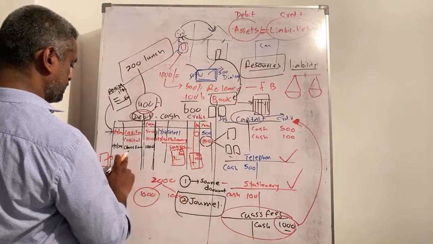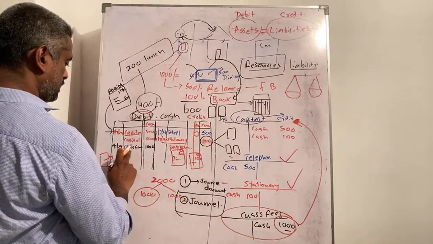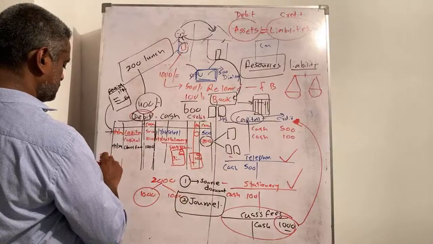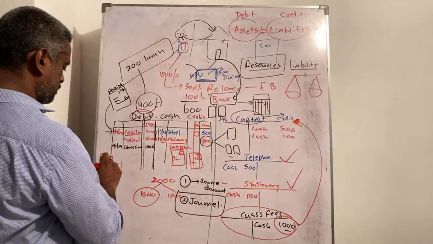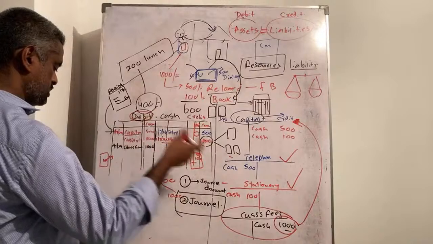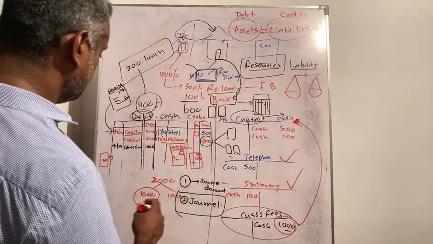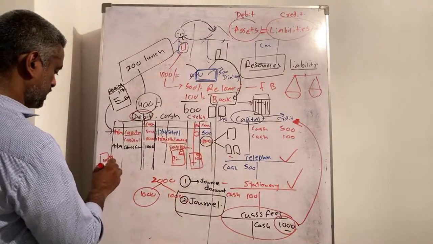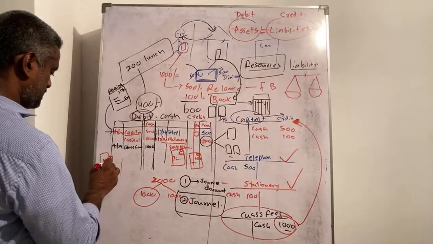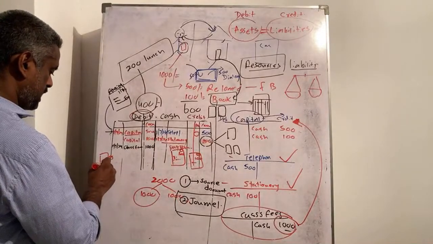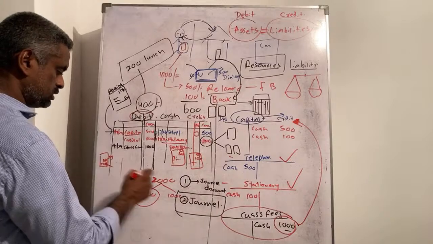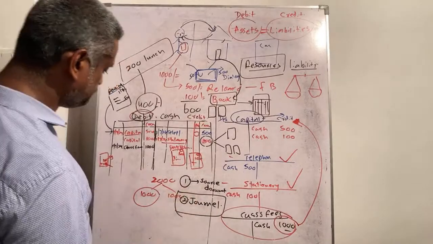Secondly, you will record it in the journal, saying 1,000 rupees received as class fees. In that you can also mention the balance part, another 1,000 to be received.